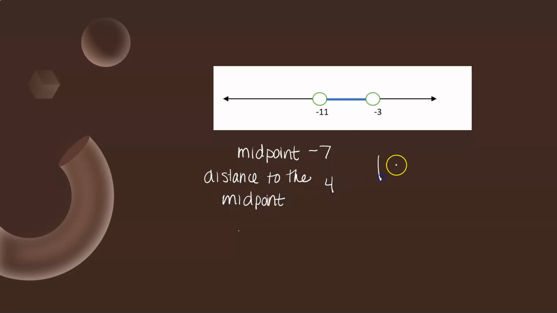So let's set this up. We're going to do opposite inside the absolute value bar. So opposite of negative 4 is 4. And this is an and, so it's less than because the ends are open, and the distance to the midpoint is 7. All right, that's it for today.